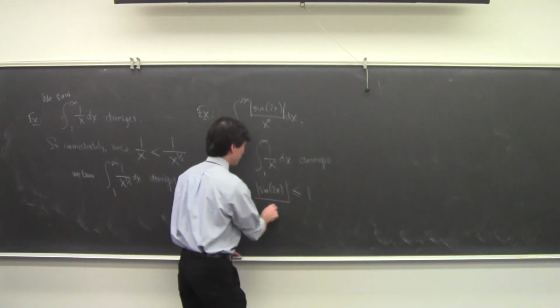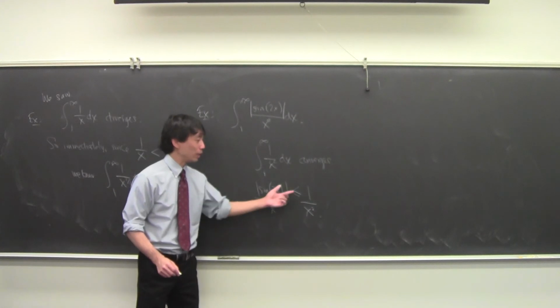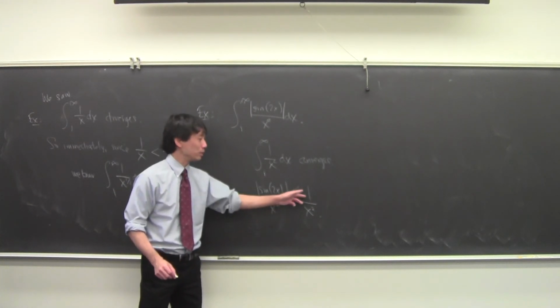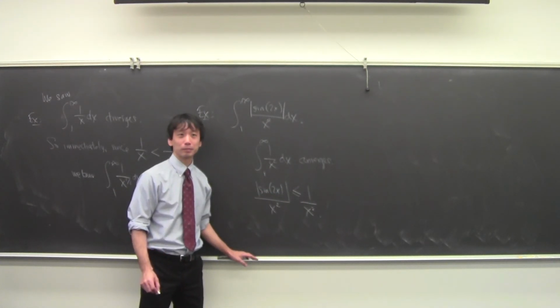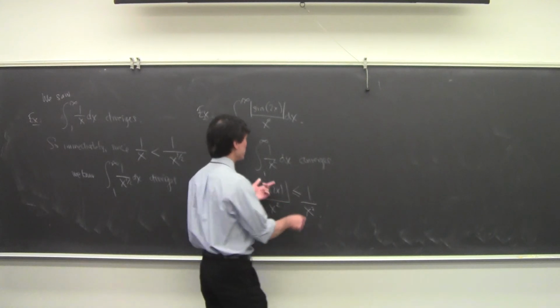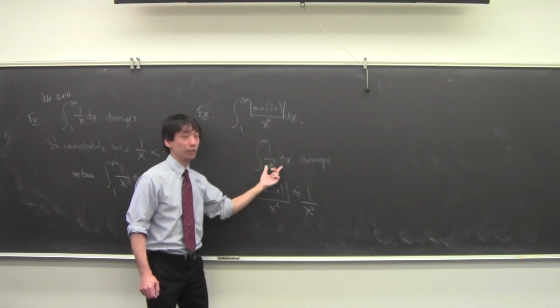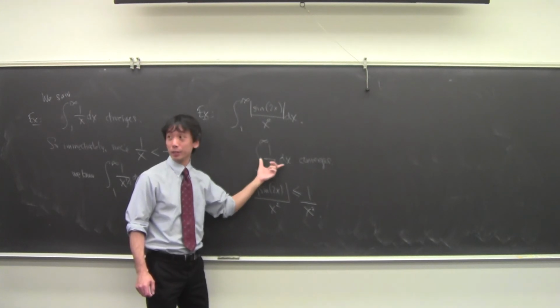So if I divide them both by x squared, this over x squared is smaller than 1 over x squared. So the integrand of this one is smaller than the integrand of this one, and this integral converges.